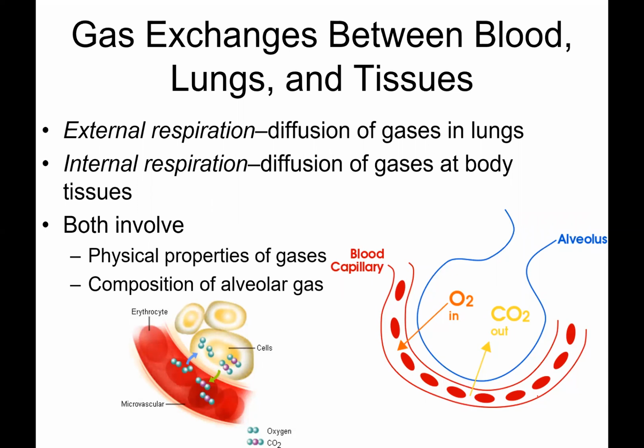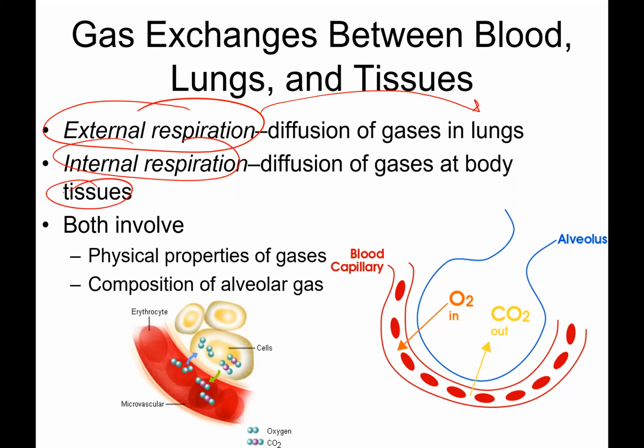Okay, some more definitions here. External respiration is the diffusion of gases in the lungs. Internal respiration is diffusion of gases at the tissue level. So you start to run, and your quad muscles are starting to increase in their oxygen supply and demand.